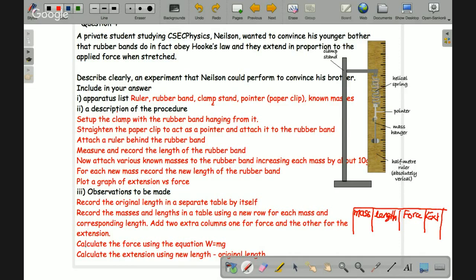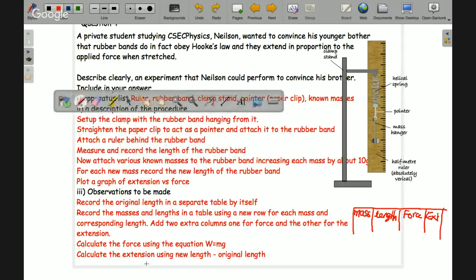So you would say, calculate the force using the equation. You give them the equation for mg. And then you tell them how to calculate the extension, which you would say, subtract the original length from the new length. And then what did I miss? Record the mass. Okay, basically I didn't miss anything.